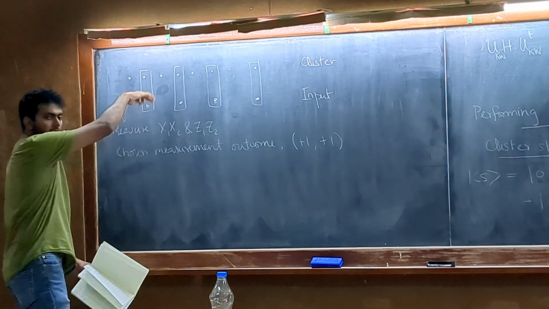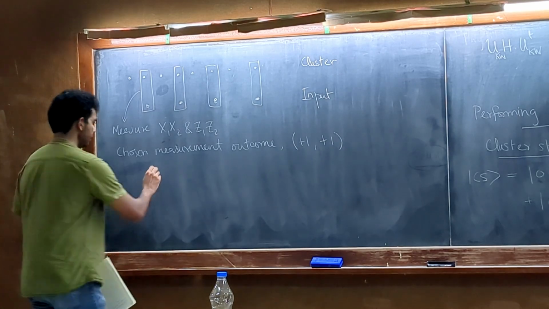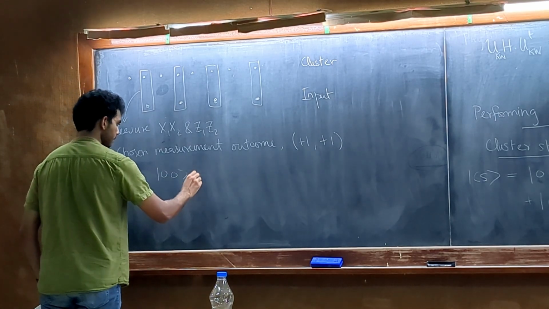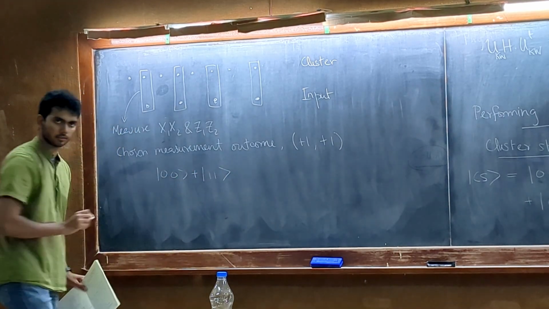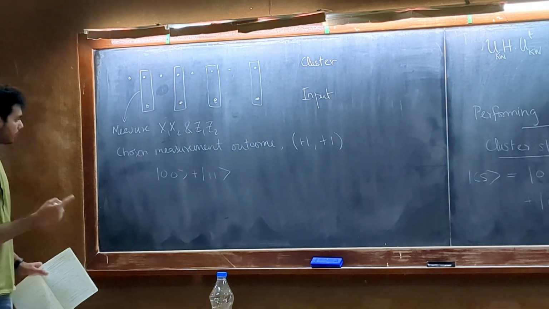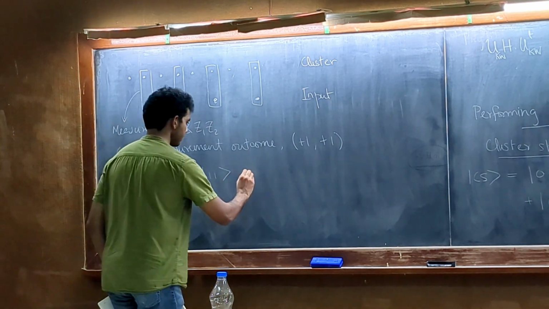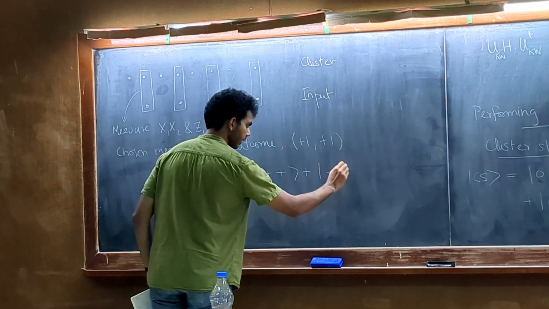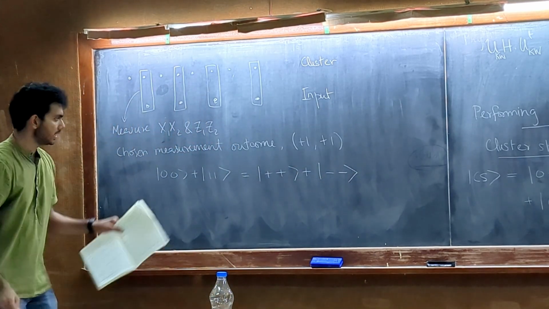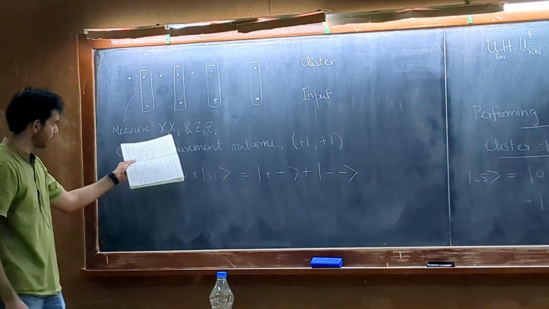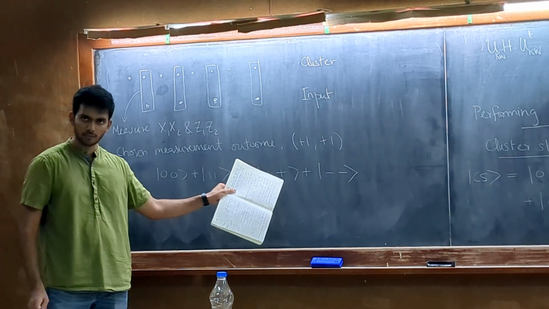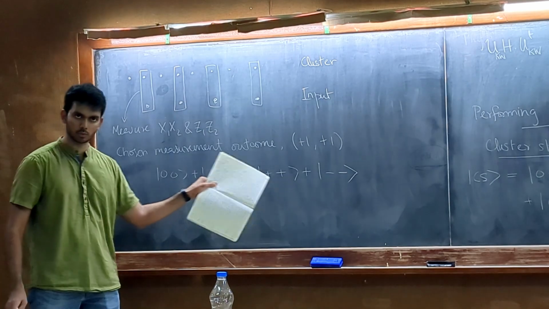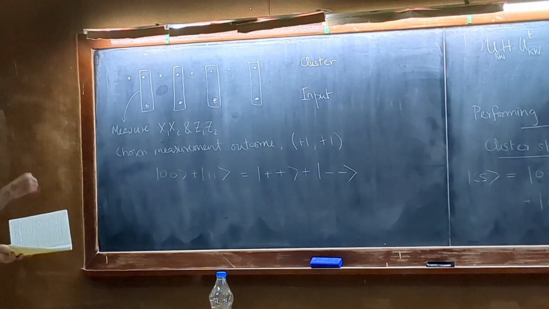This means that the state after measurement has to be the 00 + 11 state. Another way of writing the 00 + 11 state, in terms of the X basis, is plus plus plus minus minus. You can easily see that these two are the same because if you apply X1 X2 on this, it gets +1, Z1 Z2 also gets +1.